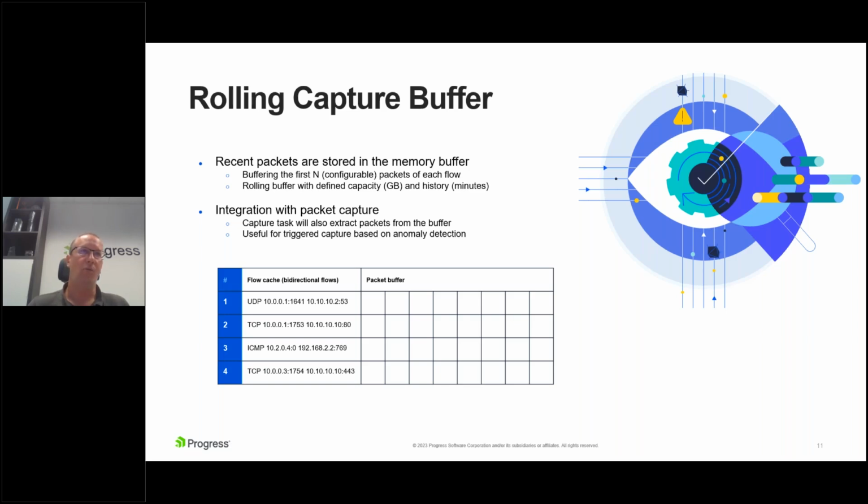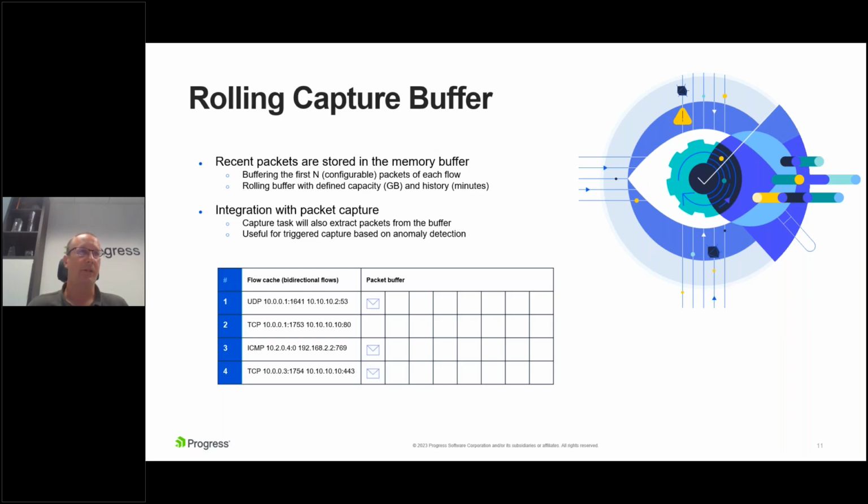So then when you capture the traffic, you can actually go into the buffer and extract the packets that you need. This is especially important when you use a triggered packet capture based on the anomaly detection. This way you can make sure that you will get the traffic that actually caused the anomaly.